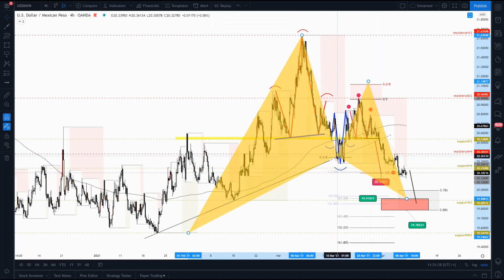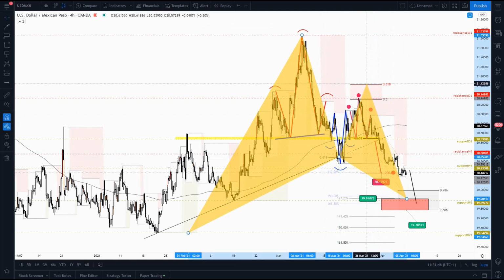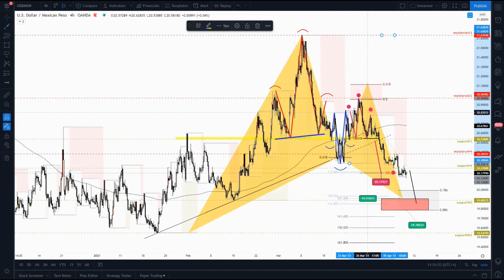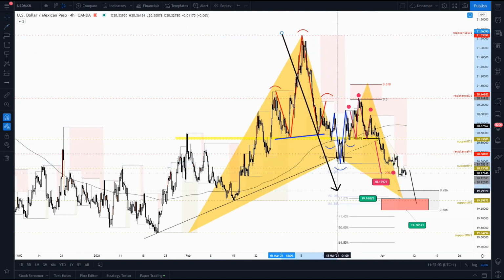So we have support at the golden Fibonacci retracement level, the 61.8% Fibonacci level, and the same is required in order to identify later the Gartley pattern at the 127% Fibonacci extension from this swing low. So this entire swing projected below.